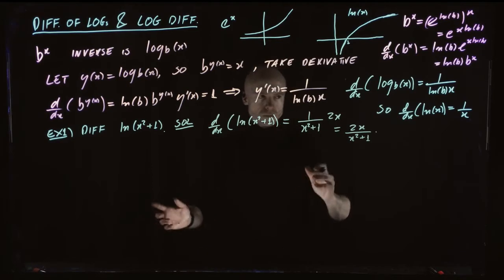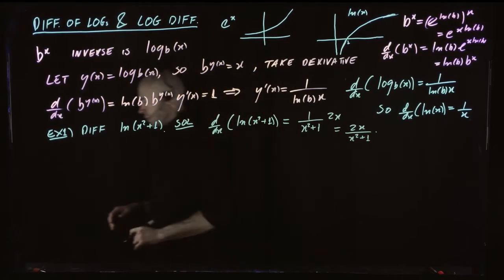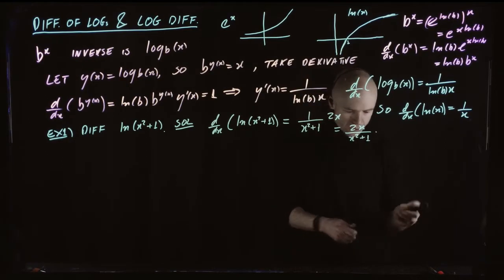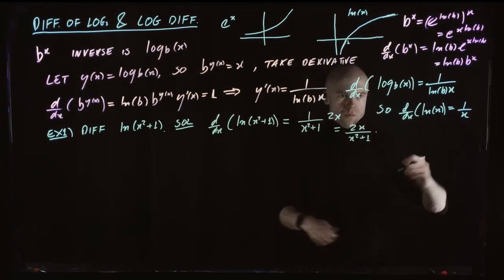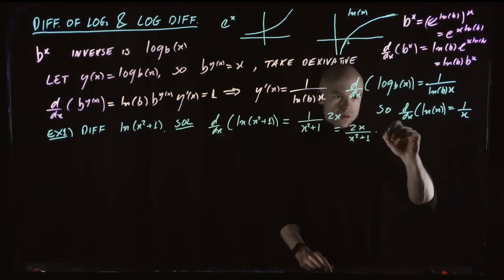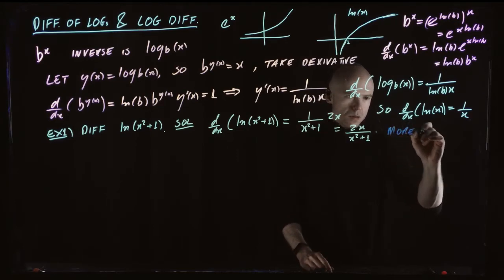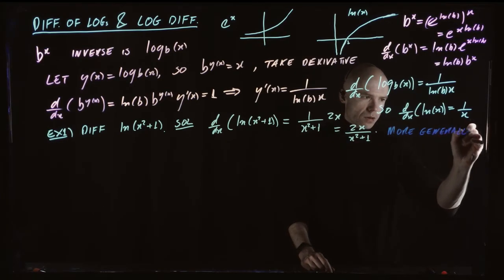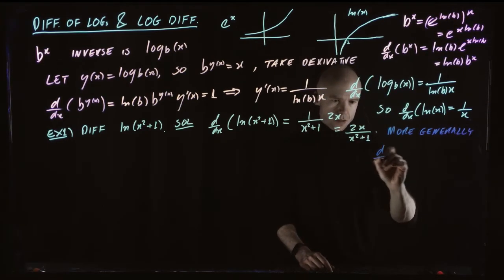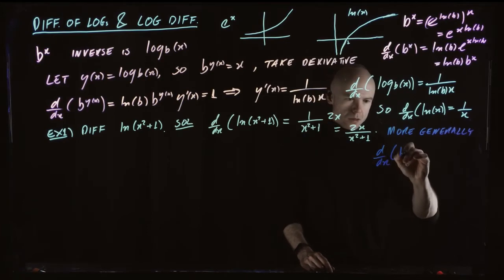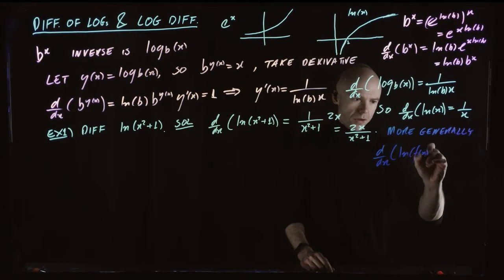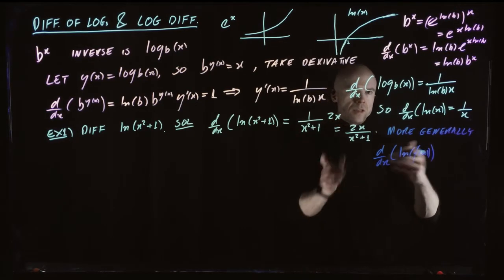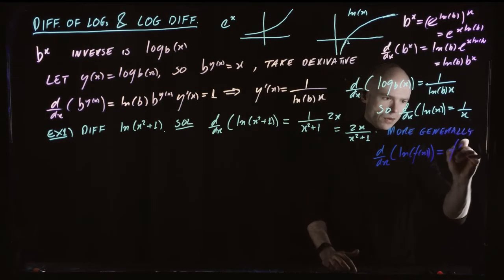And that's it. Cool. Actually, since we're talking about this, more generally, if we differentiate log of f, exactly the same reasoning, differentiate the outer function, apply it to the inner function, and then differentiate the inner function, we have this.